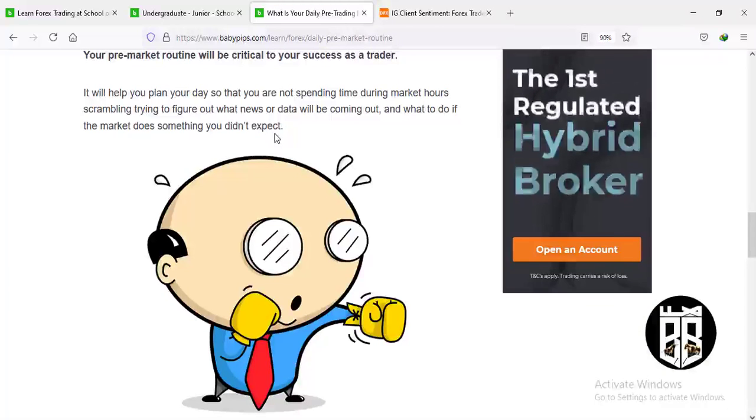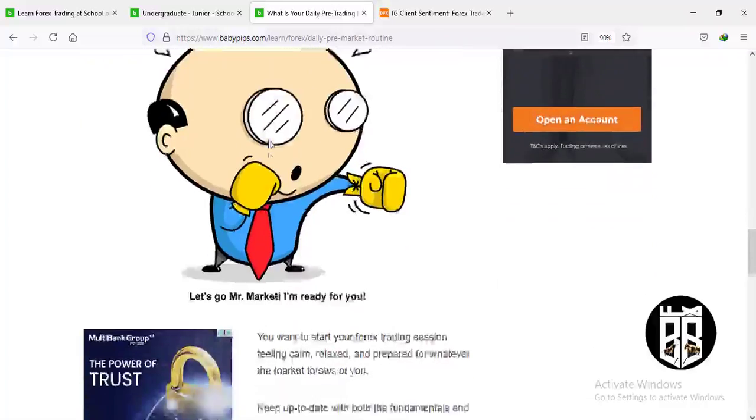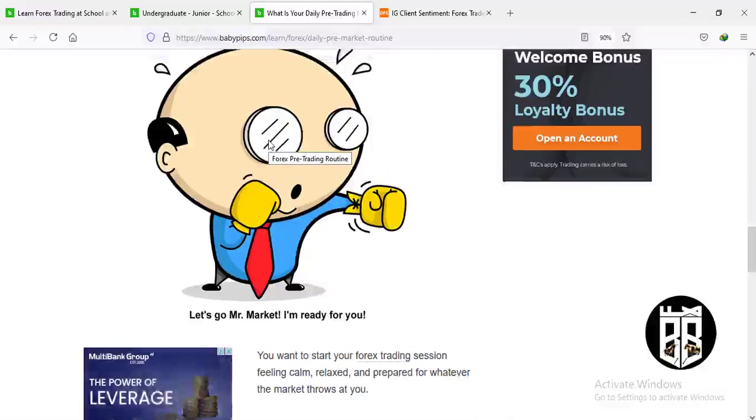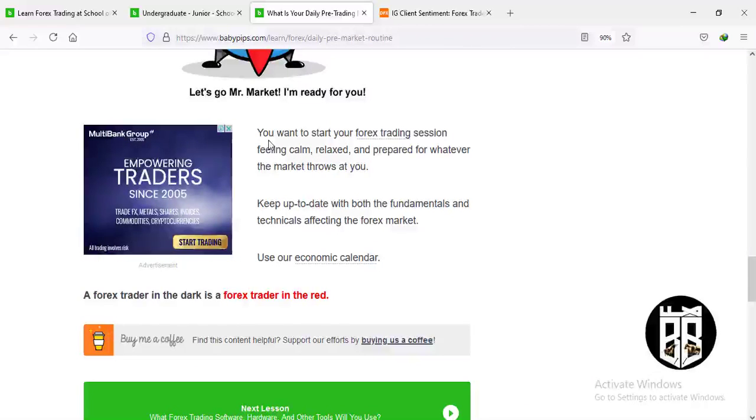It will help you to know what to expect, how to position yourself, and how to manage your emotions. Your daily pre-trading routine will help you get ready for the market in a relaxed and calm manner, and be ready to withstand whatever the market throws at you.